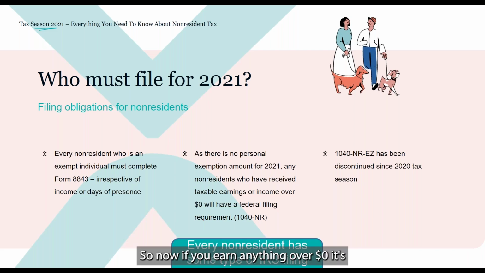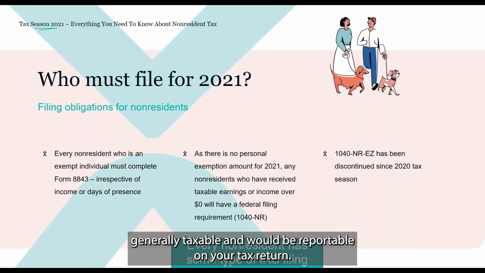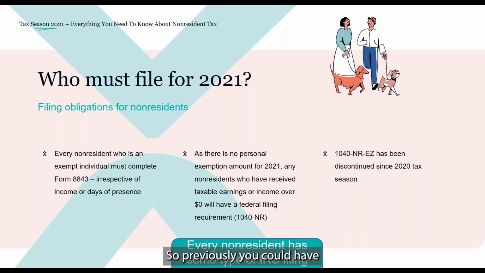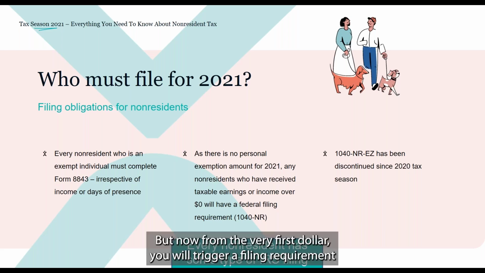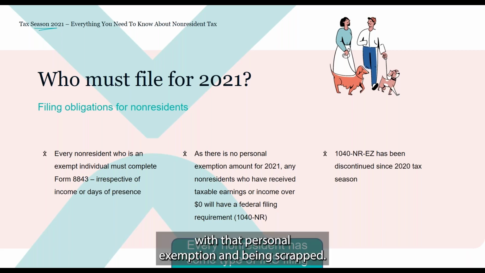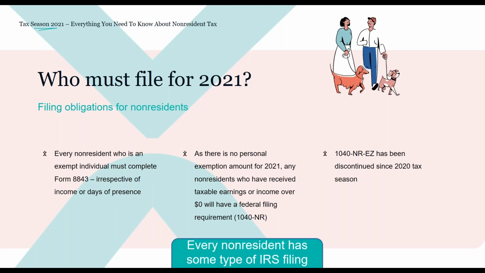So now, if you earn anything over $0, it's generally taxable and would be reportable on your tax return. So previously, you could have earned up to a certain amount before you would trigger a filing requirement, but now, from the very first dollar, you will trigger a filing requirement with that personal exemption being scrapped.